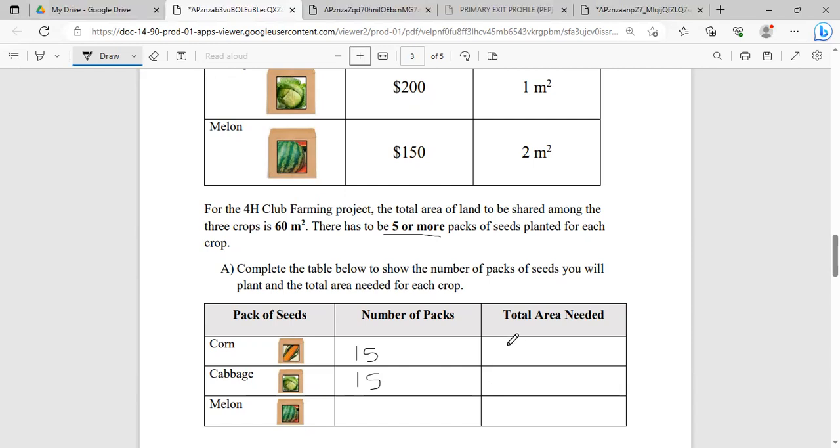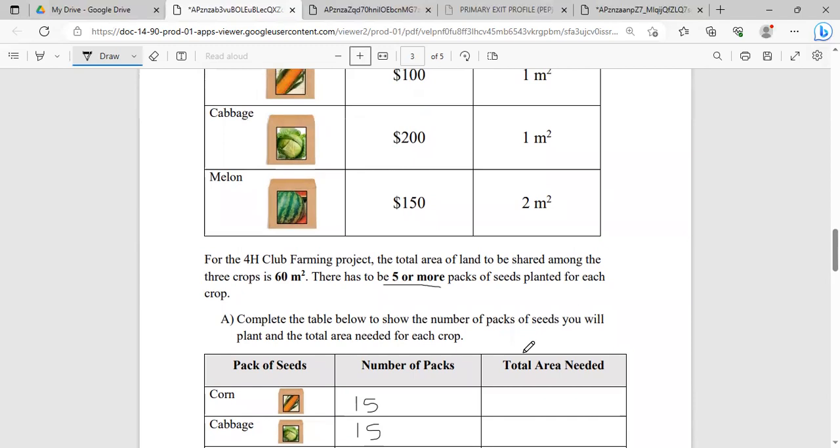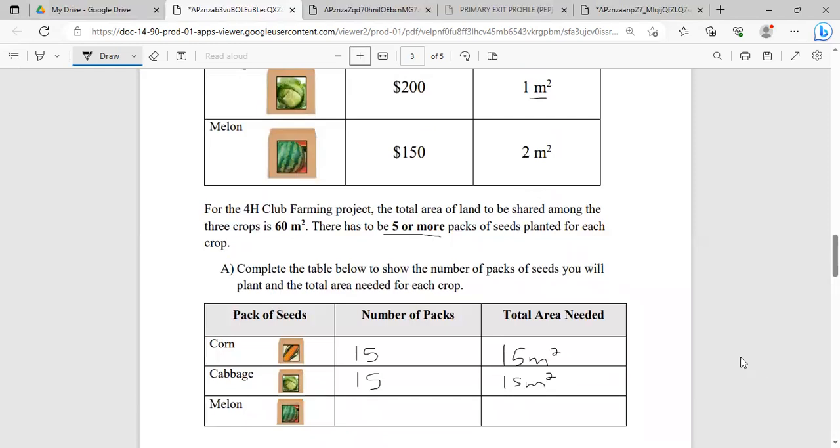So basically the area, since it's 1 meter square per pack, for 15, it will be 15 times 1. So this is going to take up a space of 15 meters square. This one also for the cabbage, it's 1 meter per pack. So you have 15 packs, so it would be 15 meters square also. All right, so that means we have a total of 30 meters squared used up.